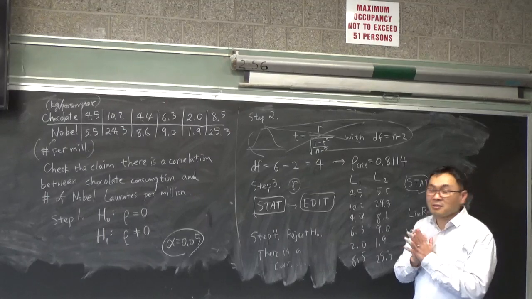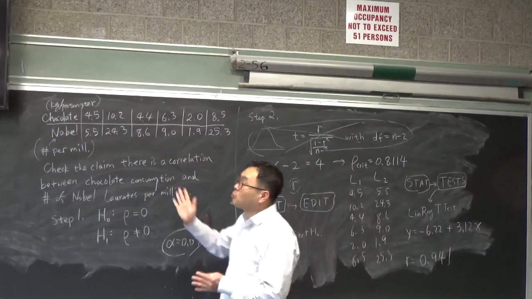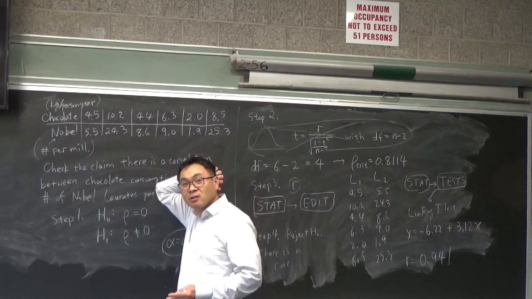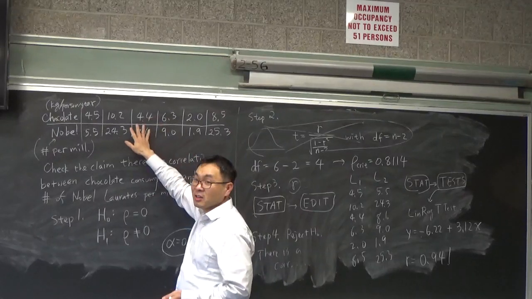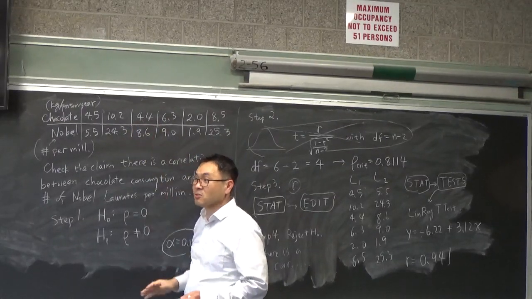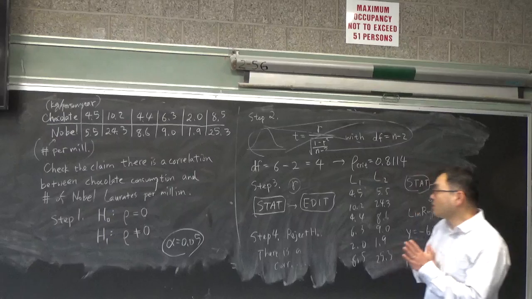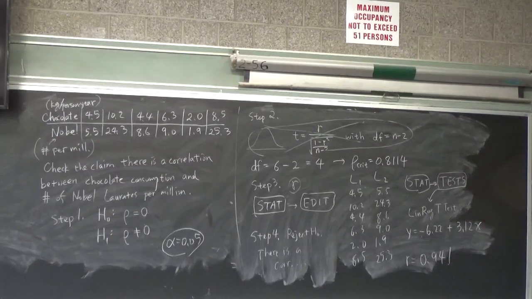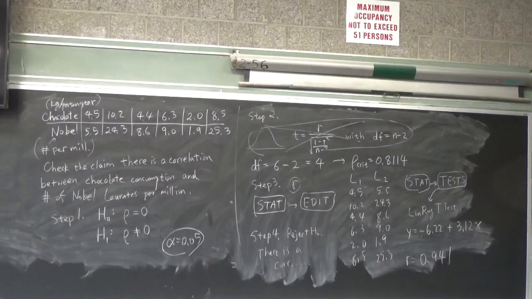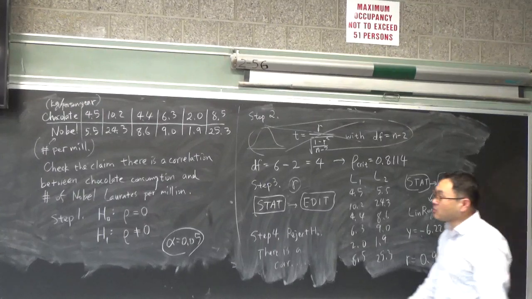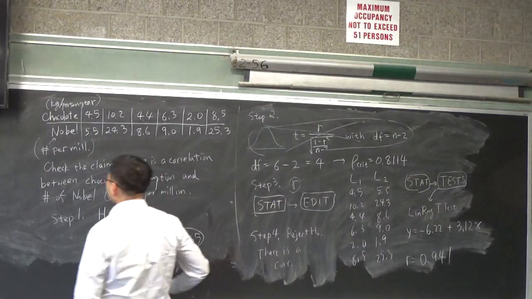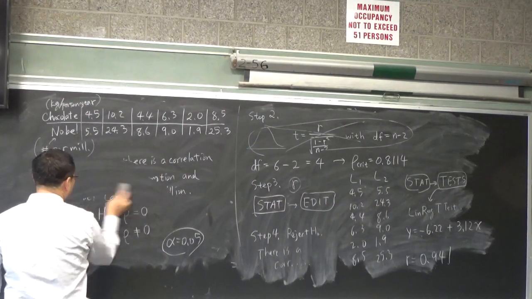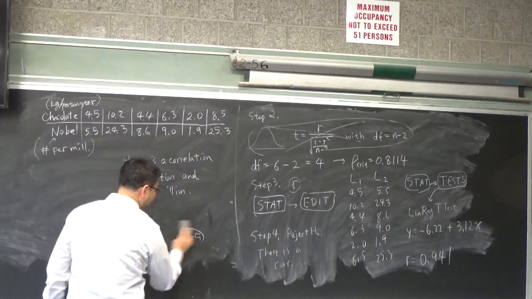So sometimes poor sampling can give you a false sense of correlation between two things. Okay, so that's another thing. All right. So that's how you do the hypothesis testing, but there usually will be some follow-up questions to hypothesis testing.